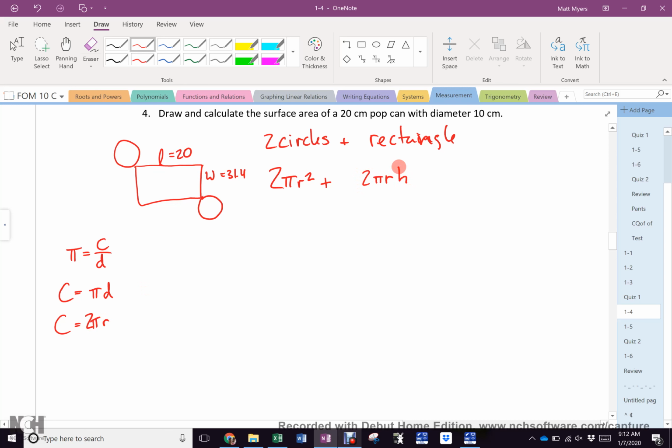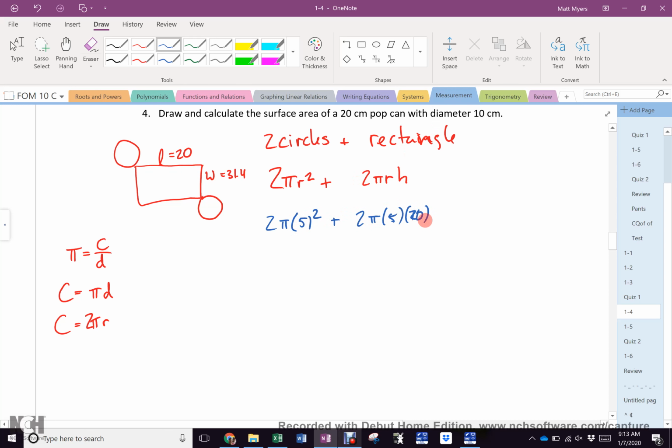Now, when we say pop can, usually we think of it sitting up like that, right? But if I lie it on its side, isn't that still the height? Because height always goes 90 degrees away from the base shape, right? So we know, Braden just filled it in, 2 pi times 5 squared, because it's radius, plus 2 pi times 5 times 20.